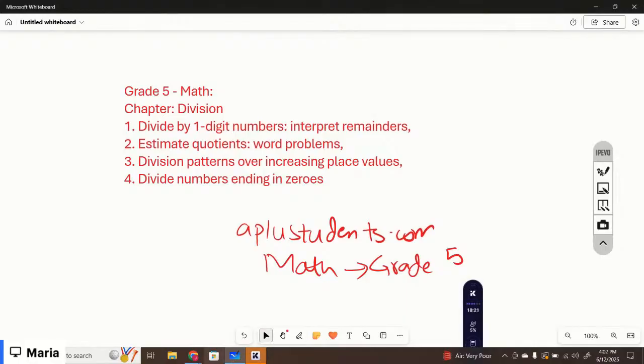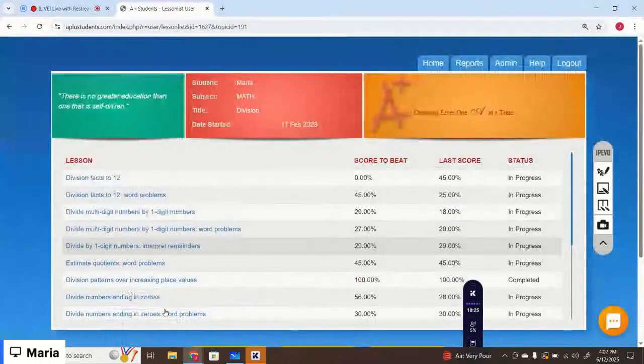So please make sure you have your book and pencil so that you can write down the important examples and definitions. Let's start with the first lesson, that is divide by one-digit numbers and interpret remainders.